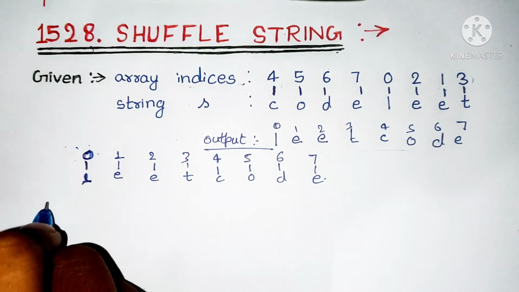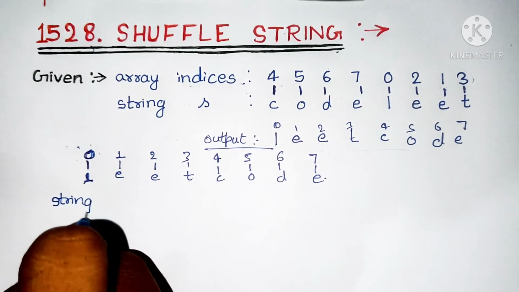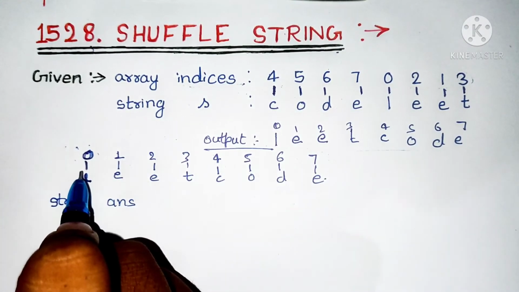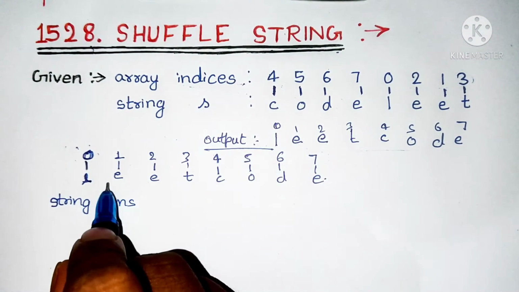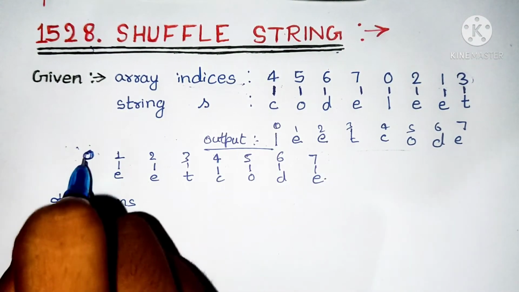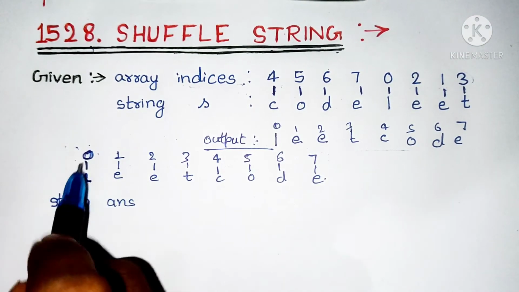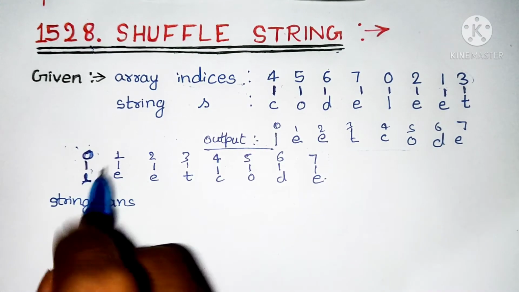And then what will we do? We will declare a string to be our answer, and we will traverse through this map, because it will be sorted now. For each pair we will push the second, that is the character, the value, not the key.